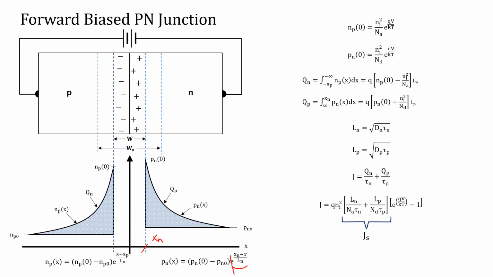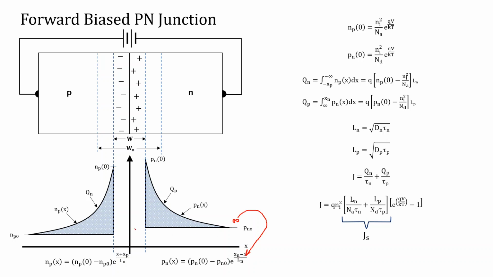So we are left with this value. So initially we have this much density, now at x equal to plus infinity, you will get e to the power minus infinity again, and it will become 0.